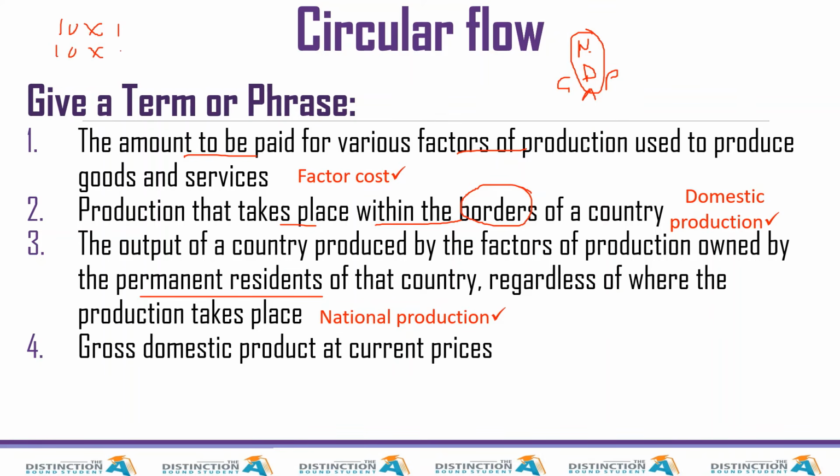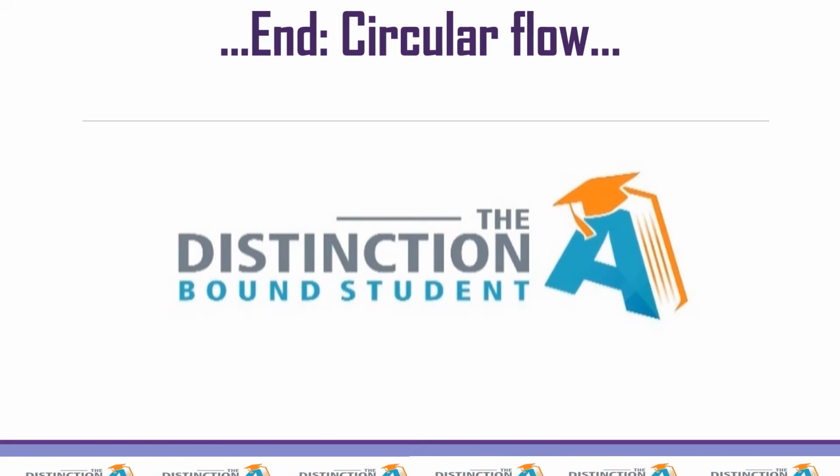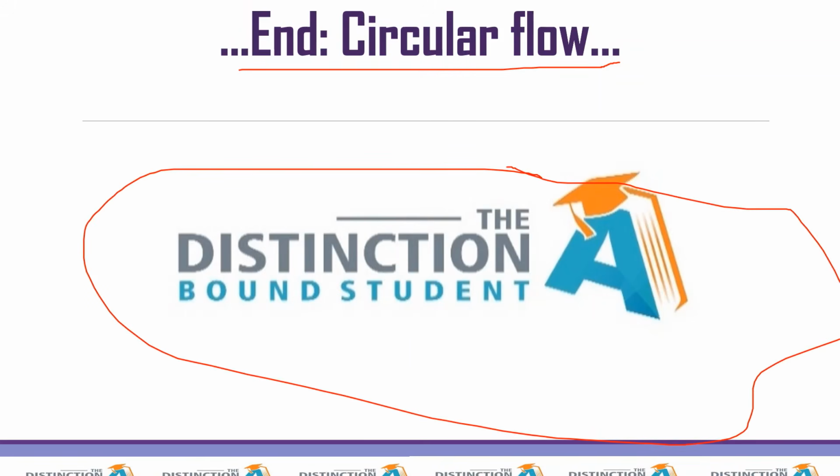Remember the bread, the 10 times 1 and the 10 times 2. Do you remember this? In lesson 6. Do you recall? Clue. Is it R or is it N? It's N, nominal GDP. Right, so this brings us to the end of circular flow itself.